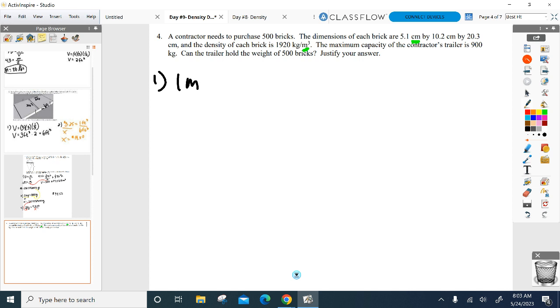1 meter equals 100 centimeters. Okay, 1 meter equals 100 centimeters. So I got to turn every single one of those 5.1, 10.2, 20.3 into meters now. Okay, need to change them into meters for me. So go ahead, if you need to make a proportion because you don't know what to do with the 100, go ahead. And then we'll make sure we're good. 5.1 centimeters is equal to that. 10.2 centimeters.